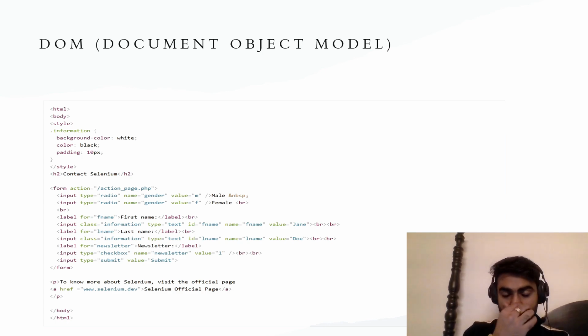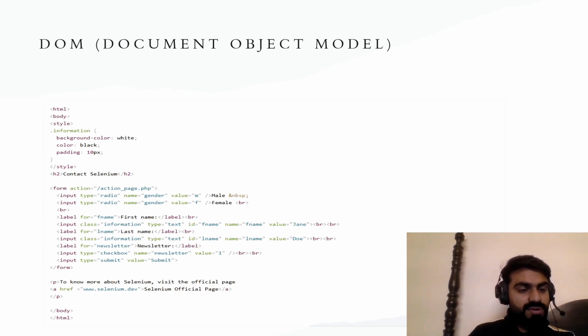To interact with the actual application, we need to know about locators. Locators help us to interact with the element, and those locators are provided under the find element or find elements method of Selenium. Then Selenium is able to interact with those elements on the application and do steps like entering some value in an object.